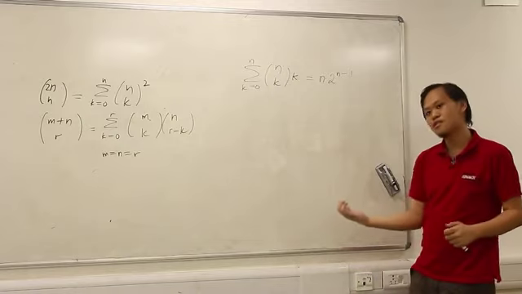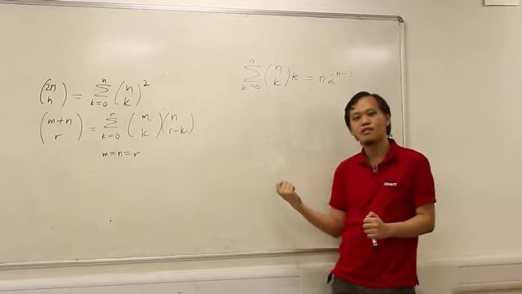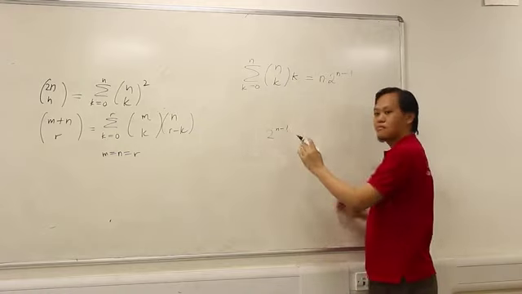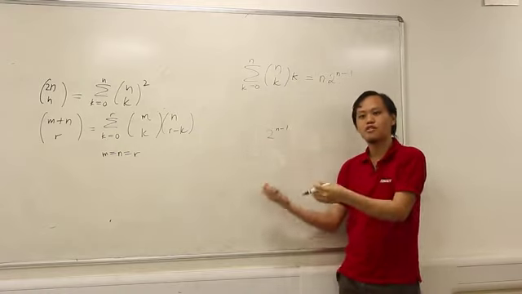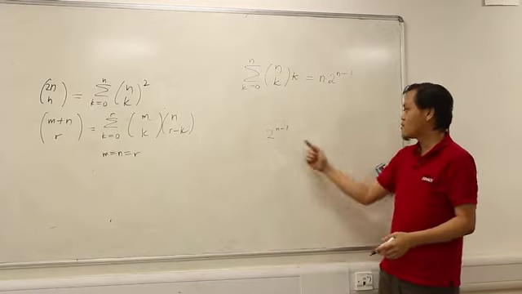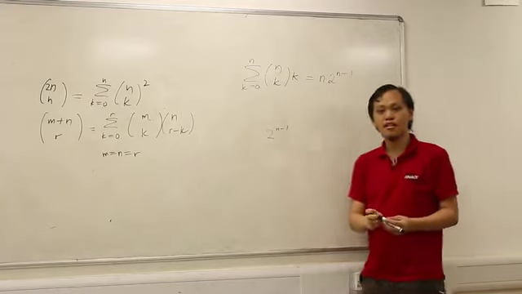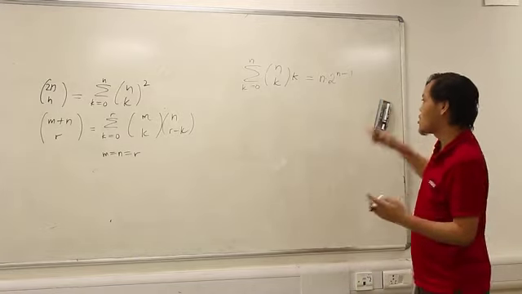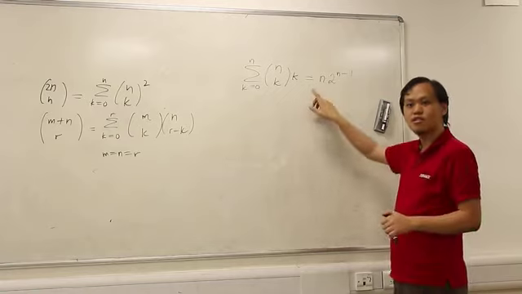So if you look at a particular element, how many sets contain it? 2 raised to n minus 1, because you basically just have to choose the other members. But you have to do that for all elements, so you multiply it by n. So of course, that's a pretty good interpretation of this number.